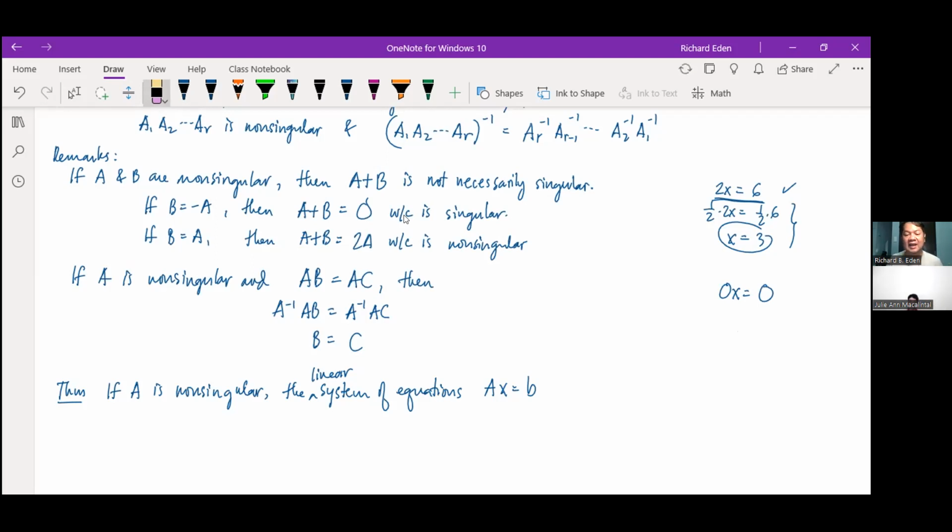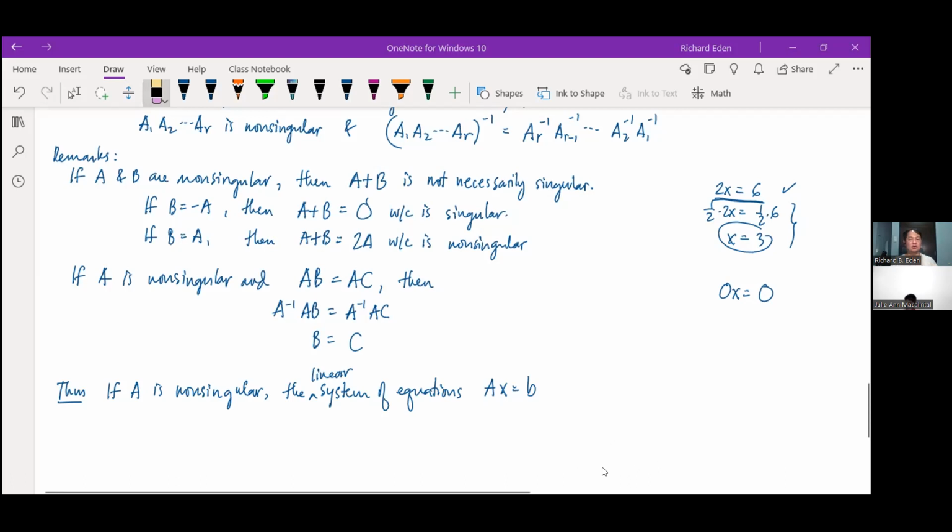Now looking at Ax equal to b, where the matrix of coefficients A happens to be non-singular. It has an inverse. In a way, it has a reciprocal. What do you then think is the nature of this linear system?